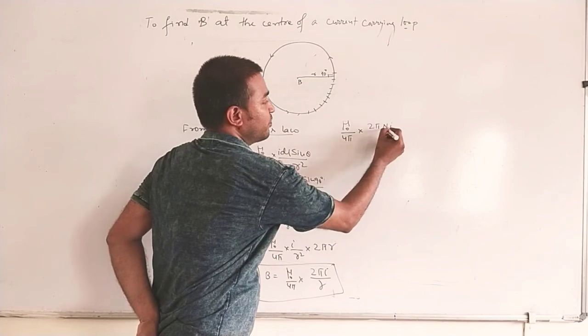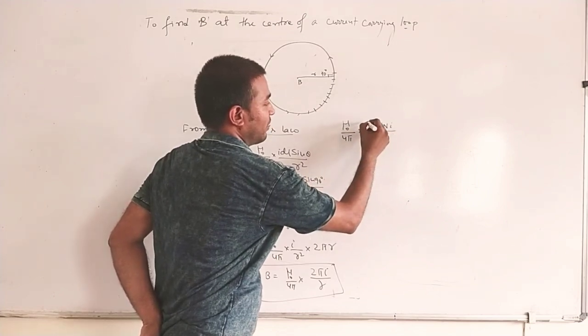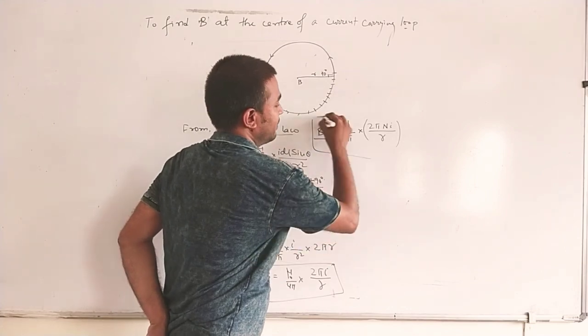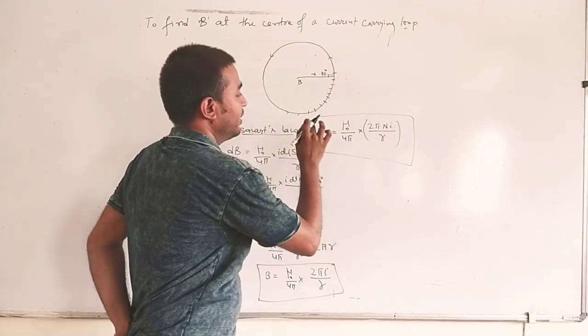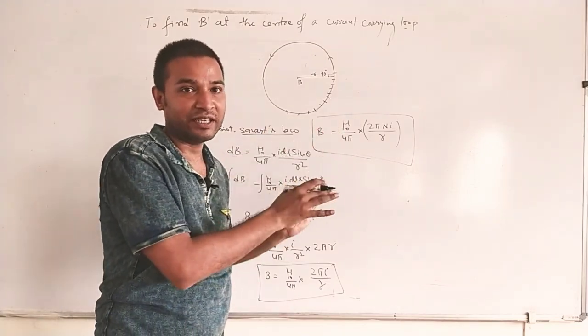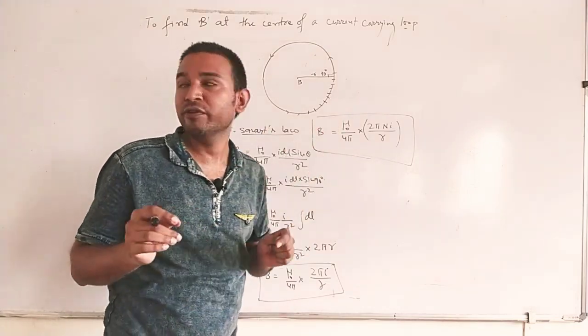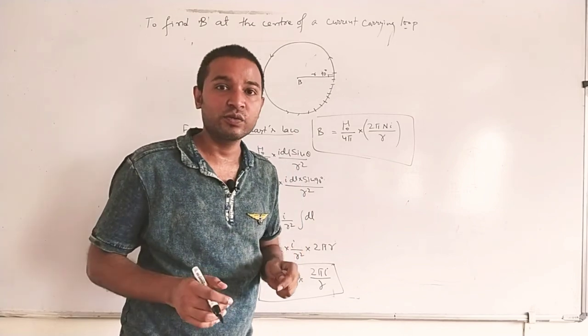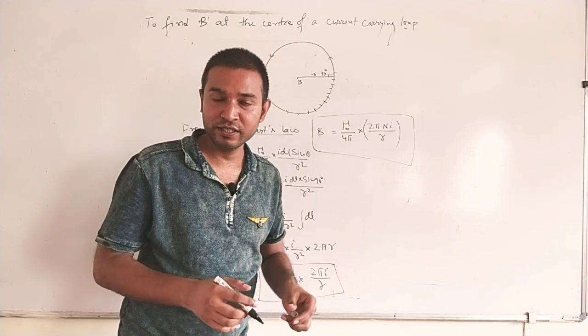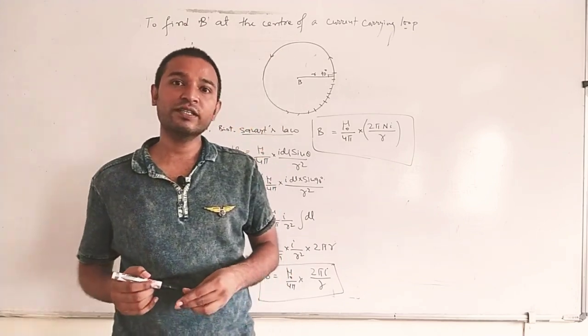So it becomes B is equal to mu naught by 4 pi into 2 pi n I divided by r. So this is the expression for B. Here I just keep mu naught by 4 pi intact because we know very well that mu naught divided by 4 pi is equal to 10 to the power minus 7, so we can easily place it. Thank you for watching this video. I think you have enjoyed.